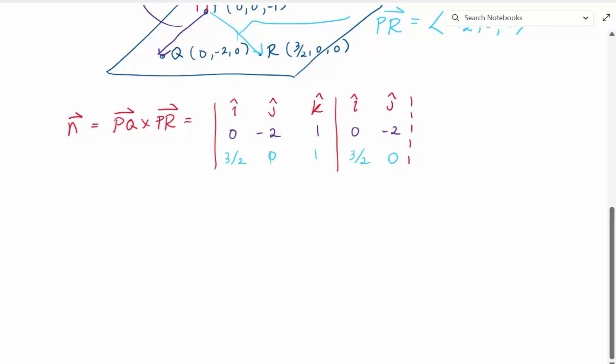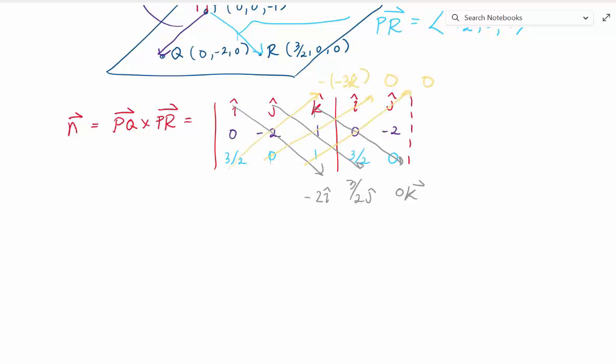And if we go ahead and do the cross product, okay, what you end up with is the i hat is -2 i hat, the j hat is +3/2 j hat, and the k is minus 3 gives you +3 k hat.